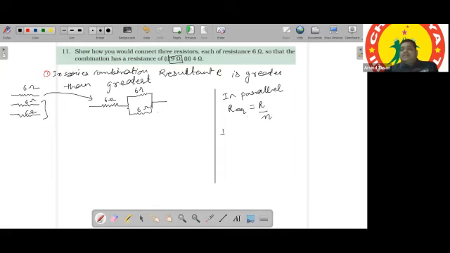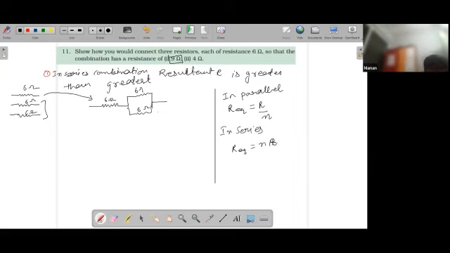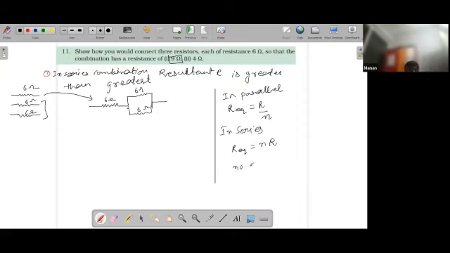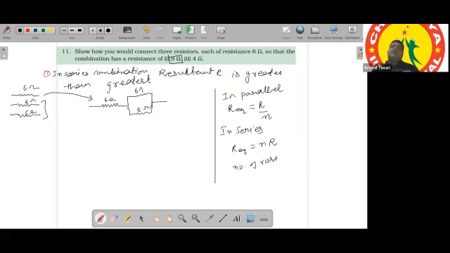And in series, R equivalent is given by N into R. Sir, what is N here? N is the number of resistances. But this is applicable only when all the resistances are equal. If all the resistances in series are equal, or all the resistances in parallel are equal, then only we use this formula.